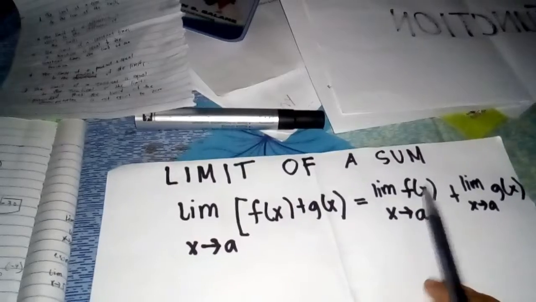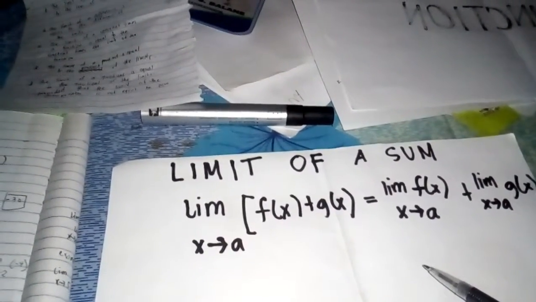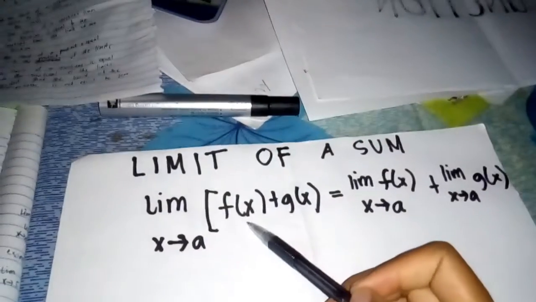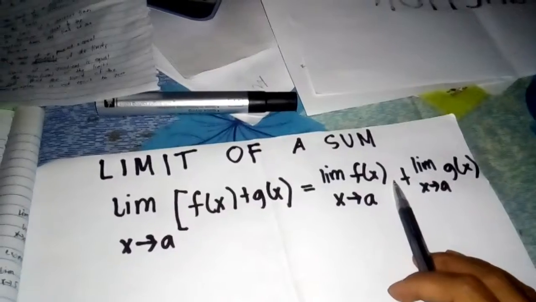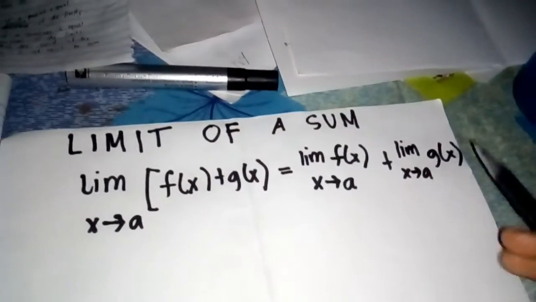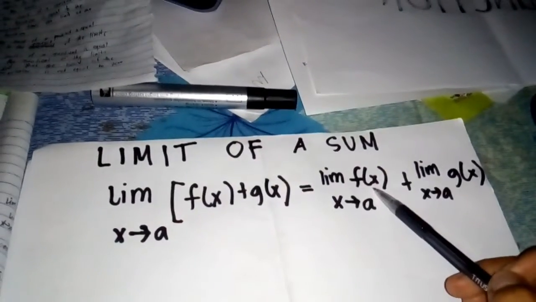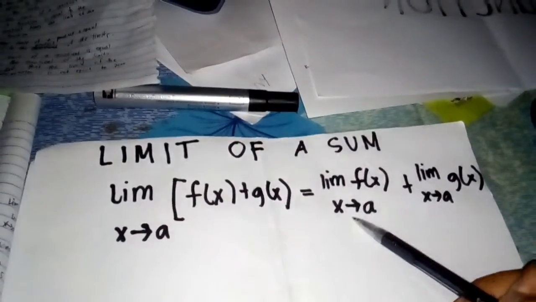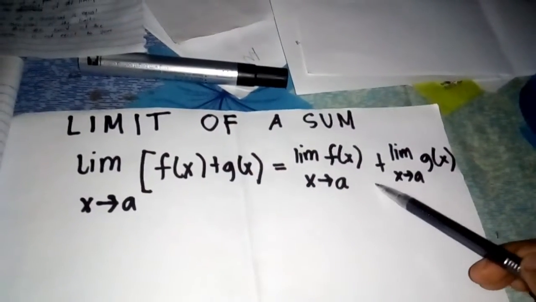We have two different functions, f of x and g of x, so we factor it: the limit of f of x as x approaches a plus the limit of g of x as x approaches a.